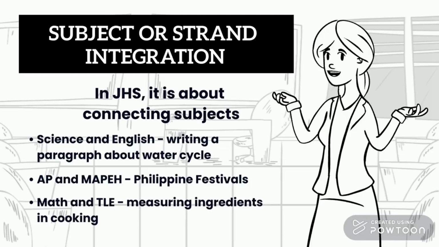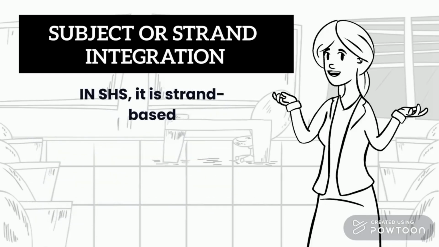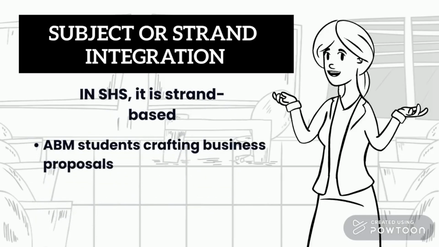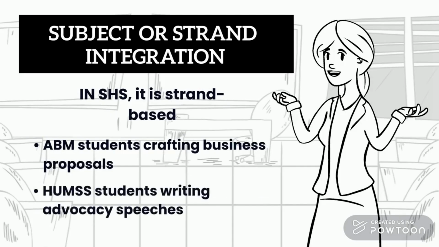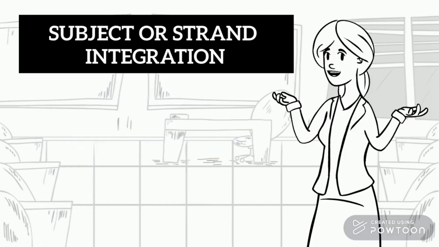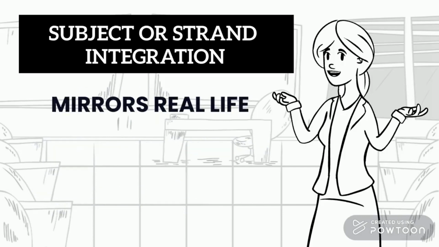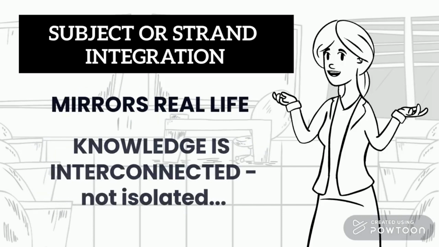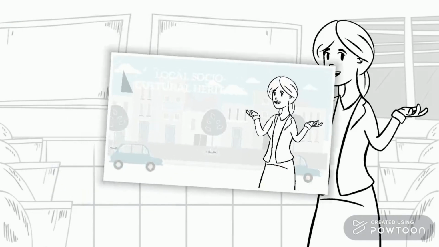In senior high school, it is strand-based: ABM students crafting business proposals, while HUMSS students writing advocacy speeches. This approach mirrors real life, where knowledge is interconnected, not isolated.